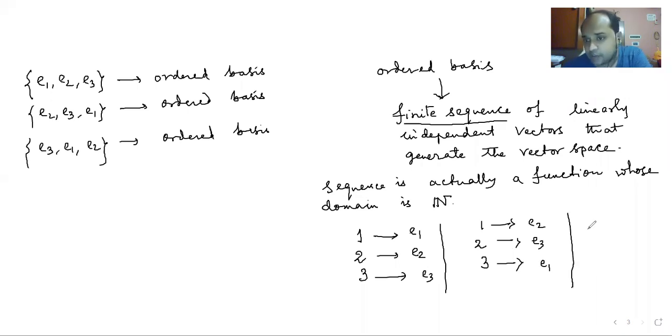So that is another sequence. For the third one, I can write it in the following manner. You already know that these items can be arranged among themselves in 3 factorial, that is 6 ways. Each of these will become a finite sequence, and therefore each of them will become an ordered basis.